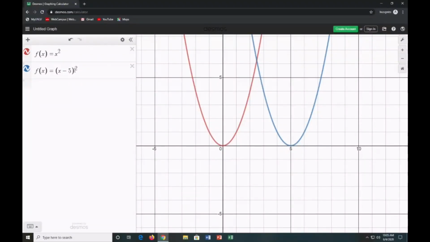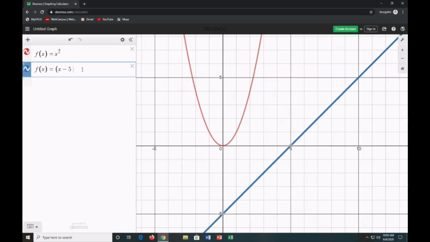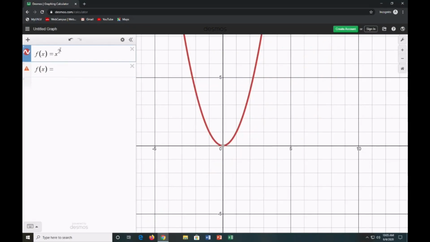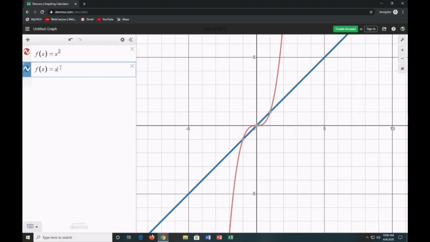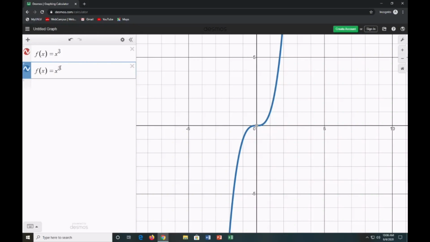Okay, so I'm going to change this to a cubic function like that. So that's what we have for a cubic function without any transformation. Now let's put in our transformed function, which would be x cubed minus 4.